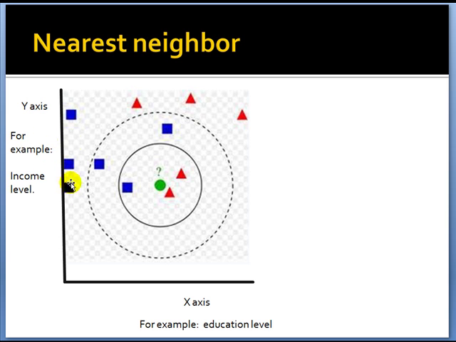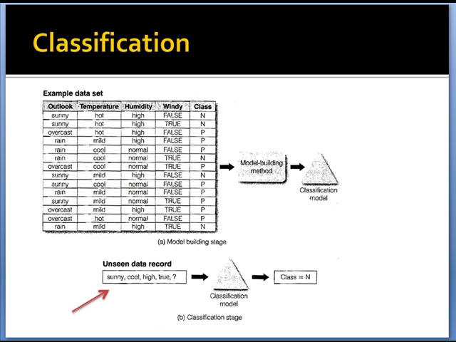But something like this one over here would be low education but high income, and so on. Each of these points represents some combination of education level and income level. We'll call this our training data.